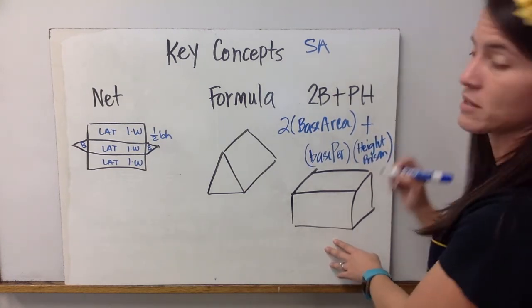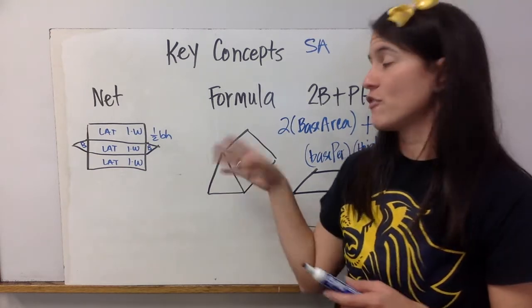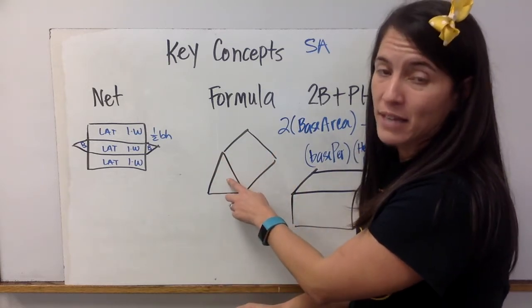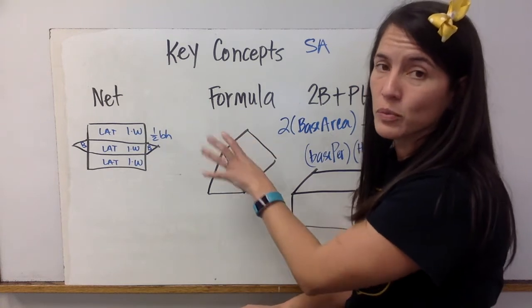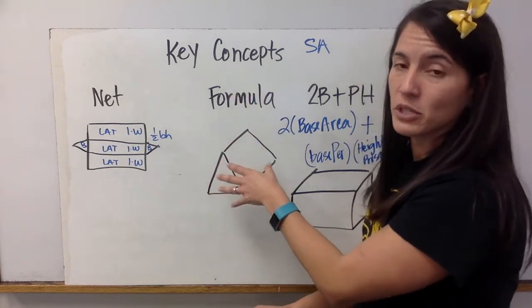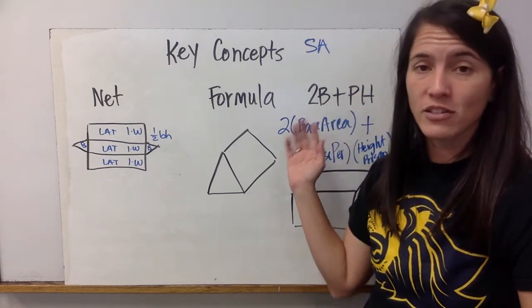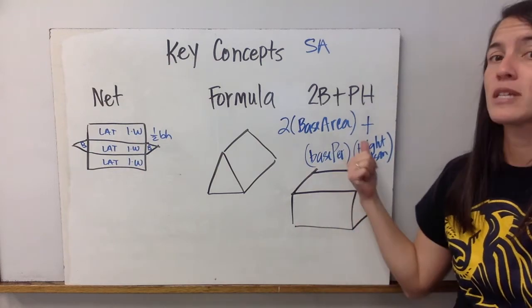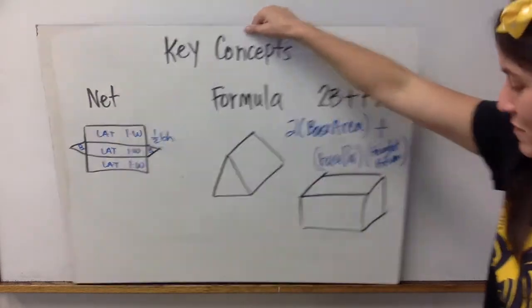The height of the prism can only be determined if the figure is standing on its base. So for example, in this shape, this is the base. The height would be right here because you would want to visualize this triangular prism standing up on its base, and it would go like this. So we're going to do some examples, but this is the formula, 2B plus Ph, twice the base area plus the base perimeter times the height of the prism. And I'm going to show you some examples.